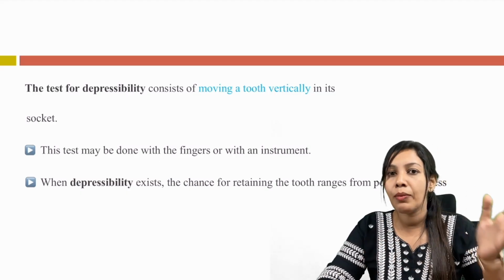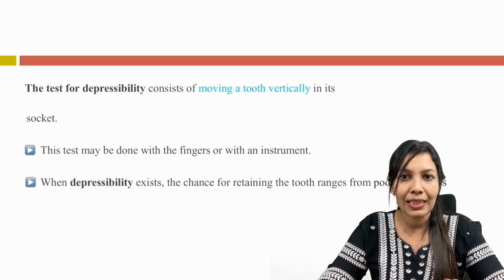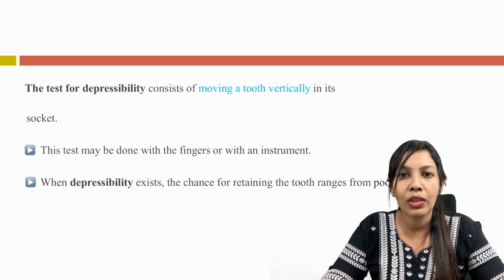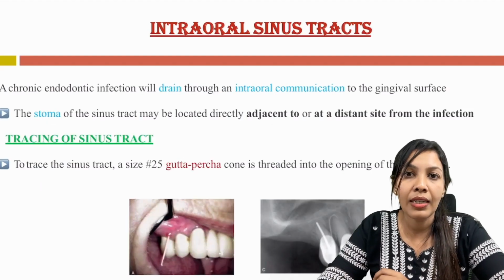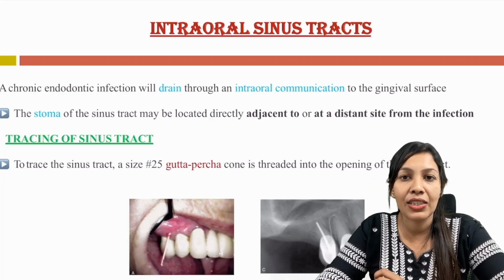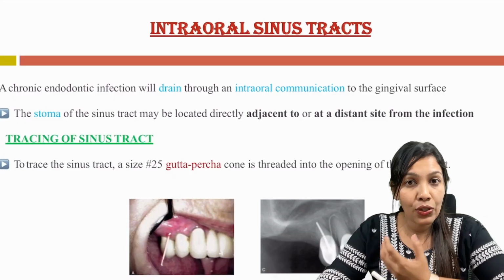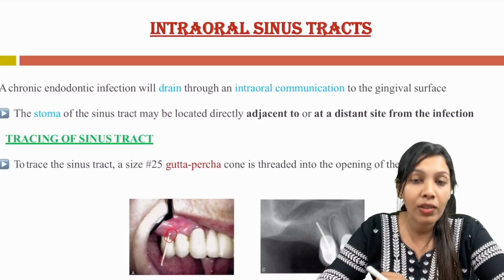Okay, so that was about the percussion test, mobility and depressibility test. All these tests show the condition of the periodontal space area. Next important is intraoral sinus tract tracing. Sometimes the patient might come with a swelling, and you can see there is a small sinus opening.